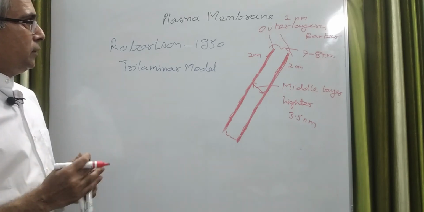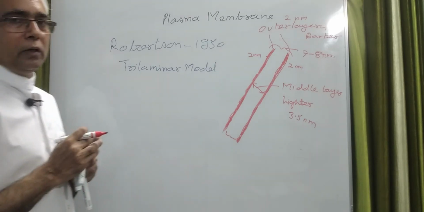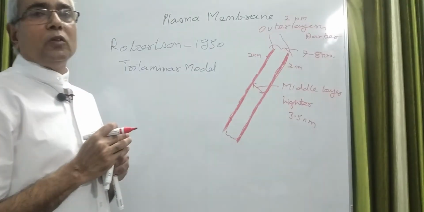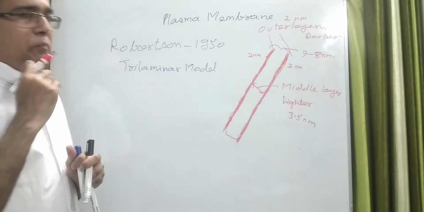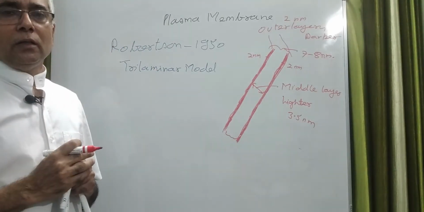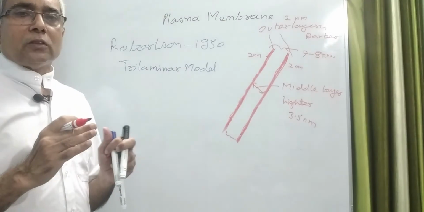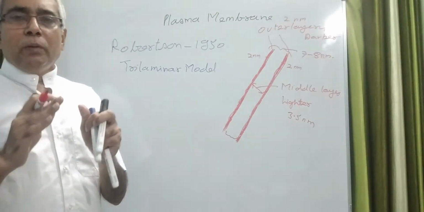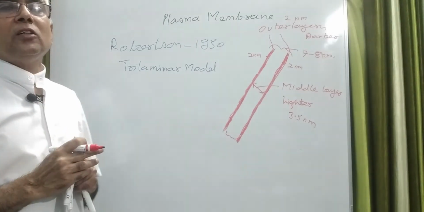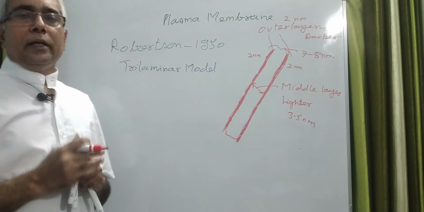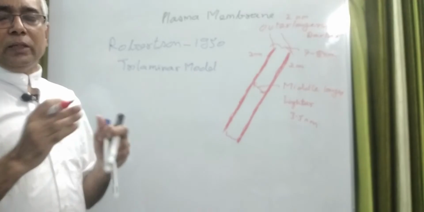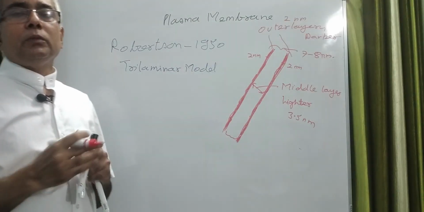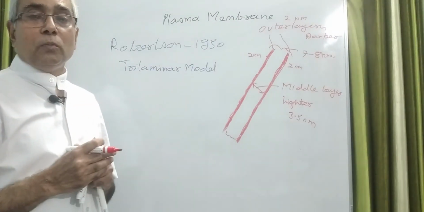And he said the most important part of his model was that this type of membrane is present in all the structures, whether it is plasma membrane or the membranes which surround the intracellular organelles like nuclear membrane, mitochondrial membrane, endoplasmic reticulum membrane, lysosomal membrane.